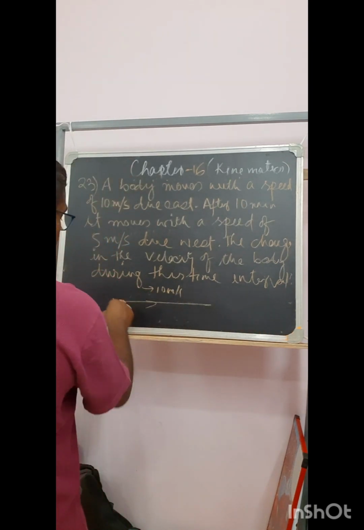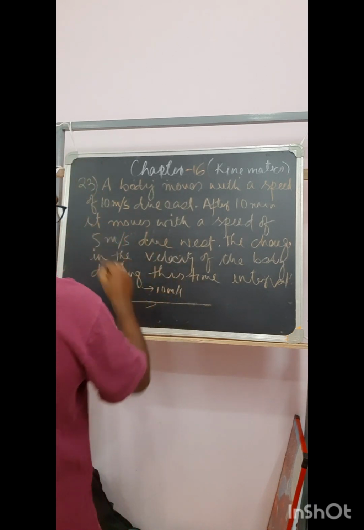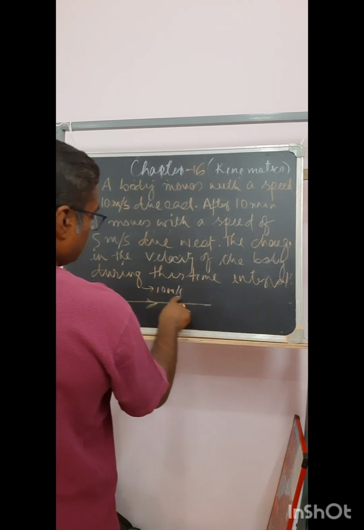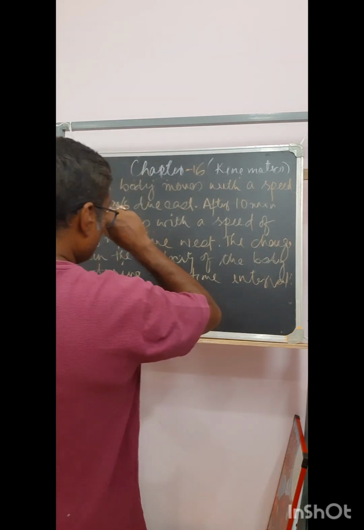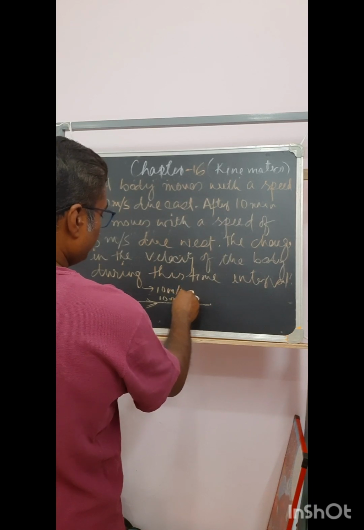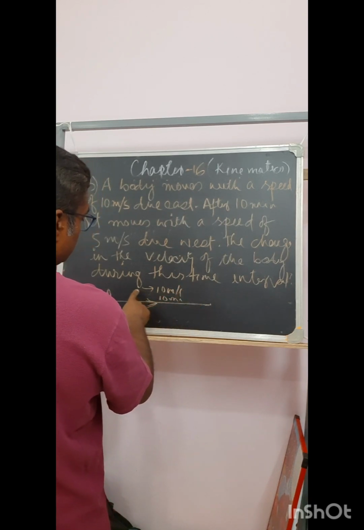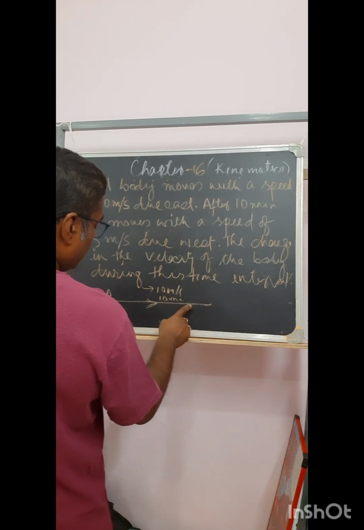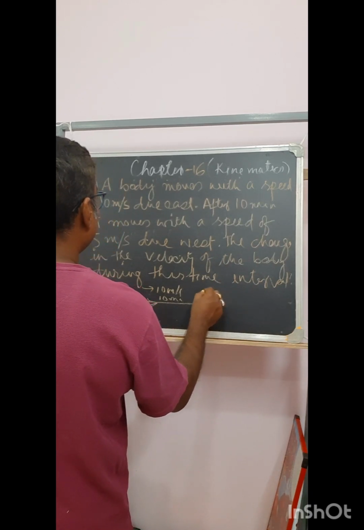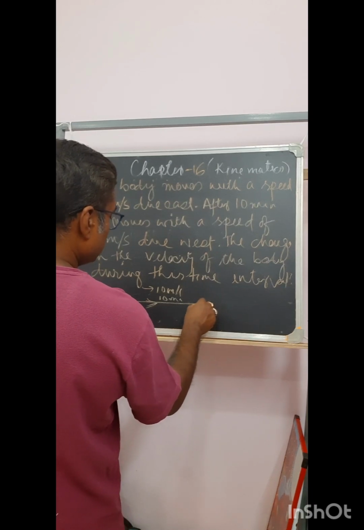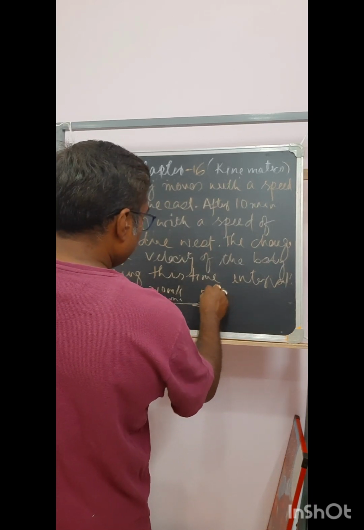This is to be understood in a better way. It has started moving in the east direction with 10 meter per second, and after going 10 minutes at constant speed, it has changed its velocity towards west with 5 meter per second.